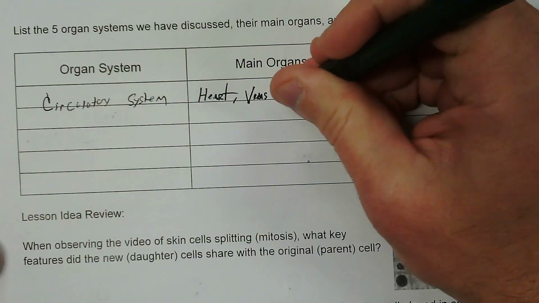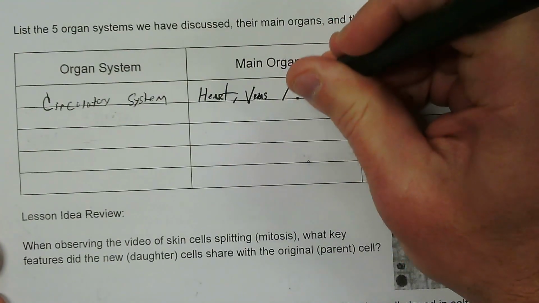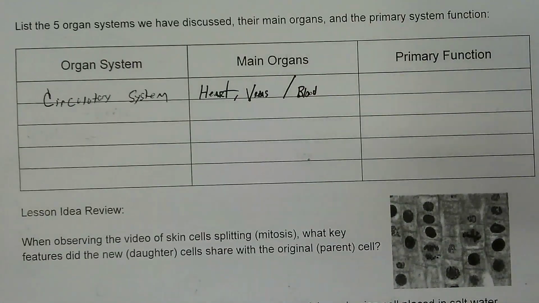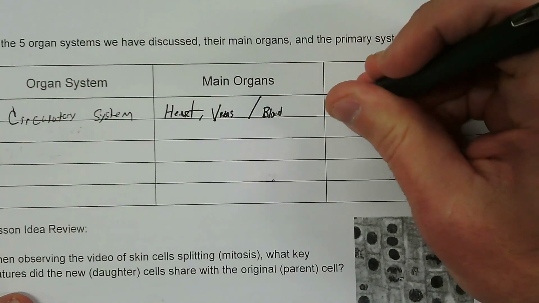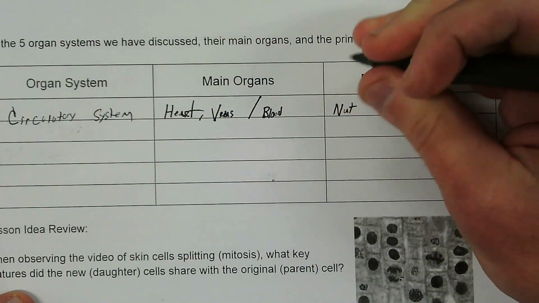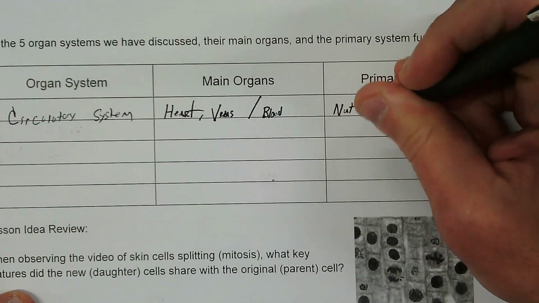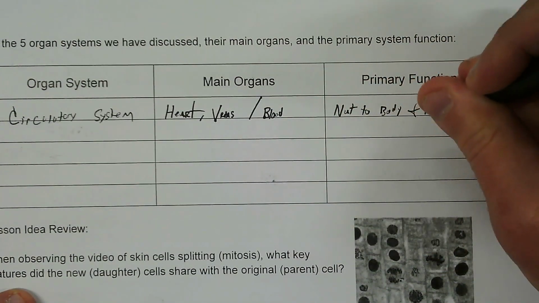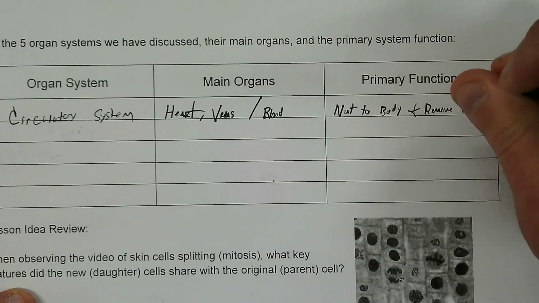We also have a tissue that we want to think about. That tissue is blood, and that's a weird thing to think because we usually think blood is a cell, blood tissues, more cells. So let's just think about blood. Okay. Primary function: take nutrients to the body and remove waste from the body.